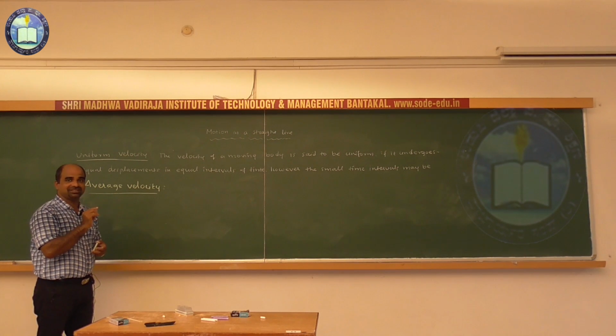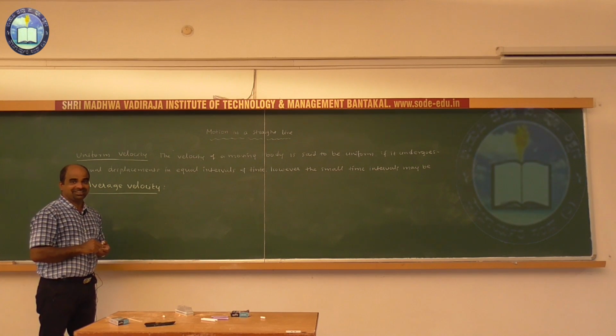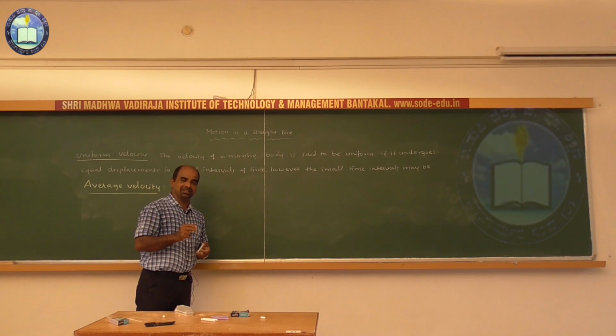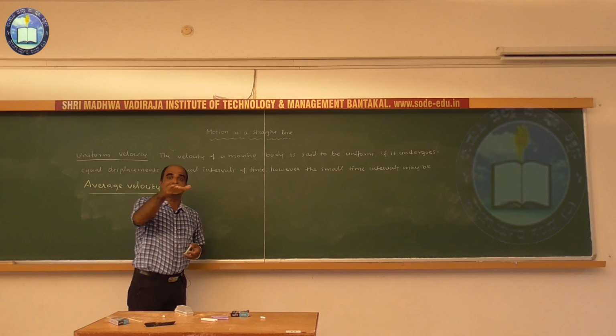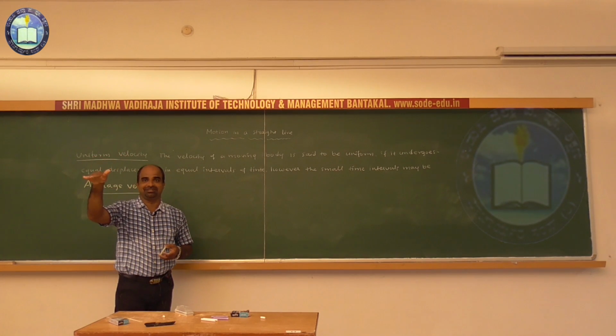It can be defined as the total displacement of the body divided by time taken. Average velocity of a body can be defined as the ratio of the total displacement of the body to the time taken.